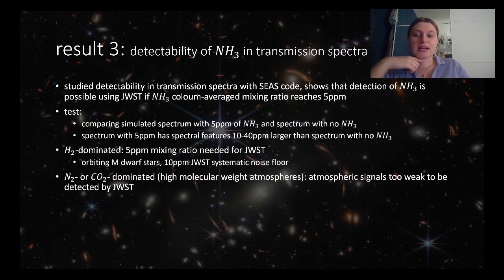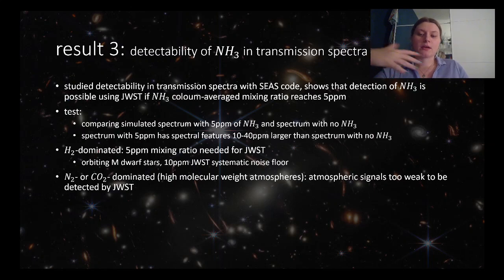They studied the detectability in transmission spectra with the EAS code, and it shows that the detection of NH3 is possible using the James Webb Space Telescope if the NH3 mixing ratio reaches 5 parts per million.